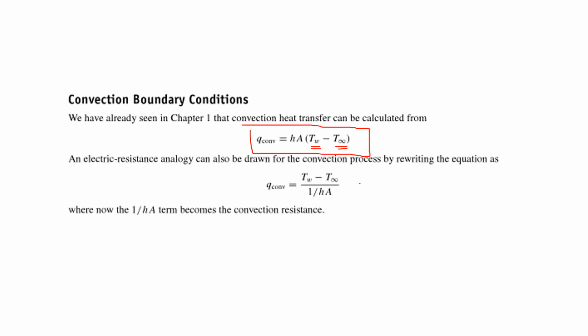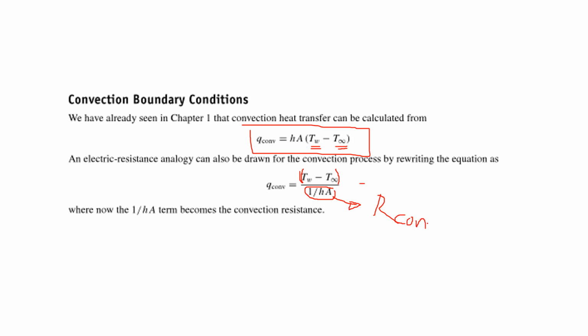Now we have used the electrical analogy for the previous cases. Again, if we want to use the same concept for convection heat transfer, we will keep this temperature difference here and divide by the convection heat transfer coefficient times area, and we will get a new resistance which is called convection resistance.